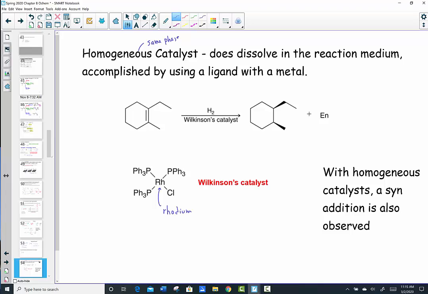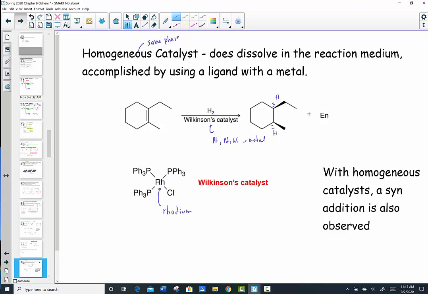So just know that it really is the exact same outcome. You may see platinum, palladium, nickel, some kind of metal catalyst, and that's a heterogeneous catalyst. Or you could see Wilkinson's, and that is a homogeneous catalyst, but the outcome is exactly the same. A syn addition is also observed, meaning that the hydrogens both added as dashes, or they added both as wedges when you create your chiral centers.